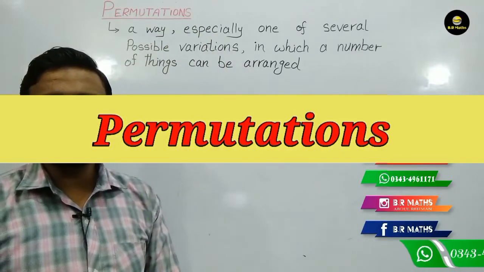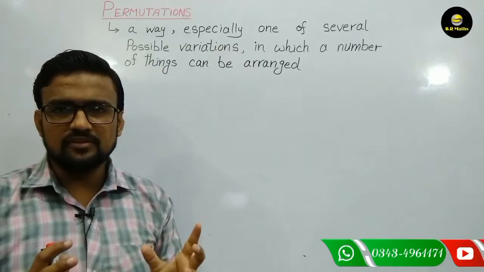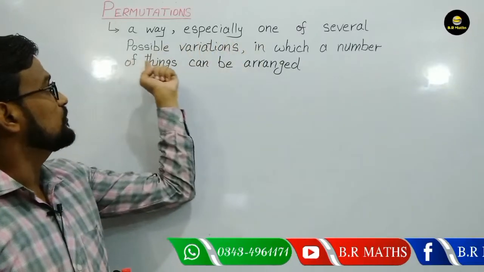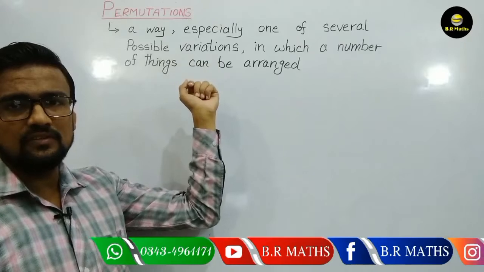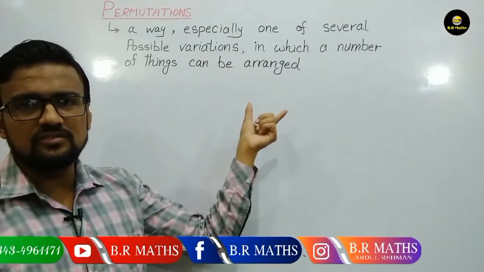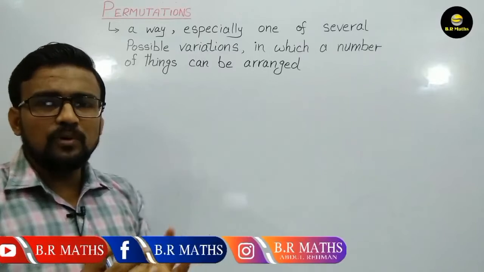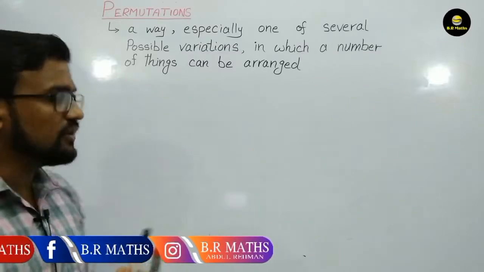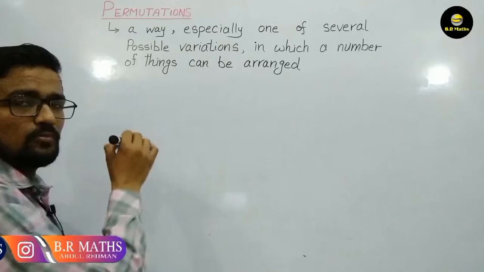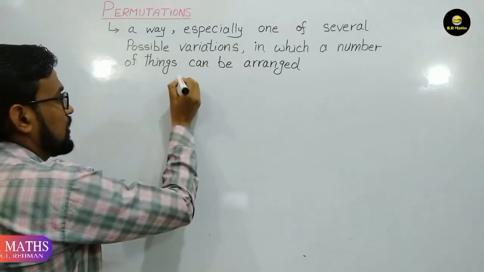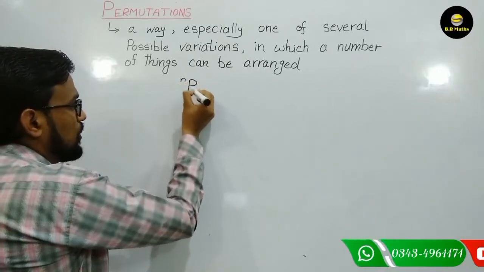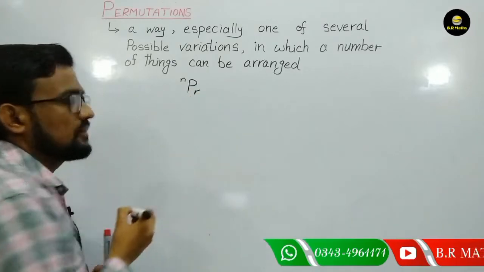So permutation is a way of arrangement. Arrangement means one of the several possible variations in which a number of things can be arranged. Permutation is an arrangement of any objects, and the formula for permutation is nPr.